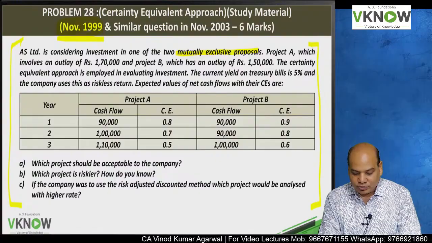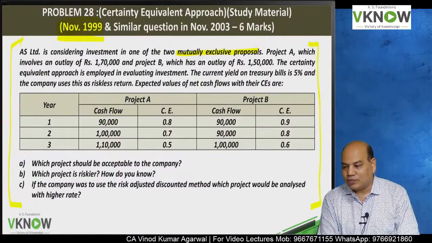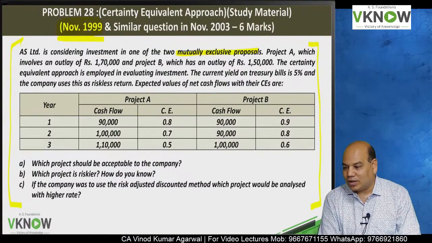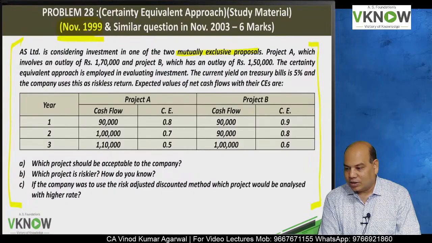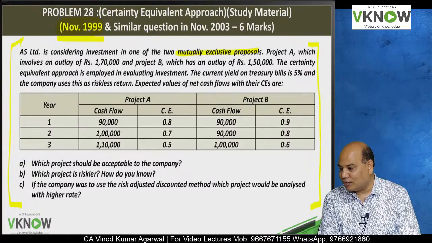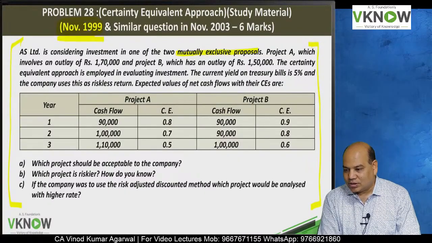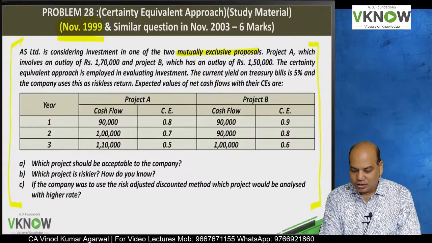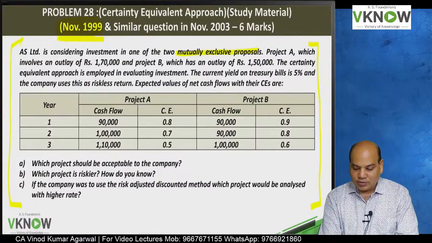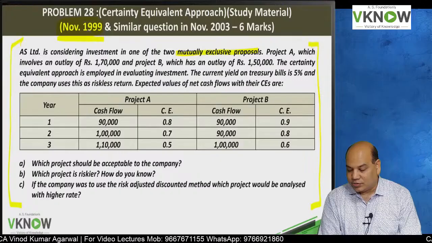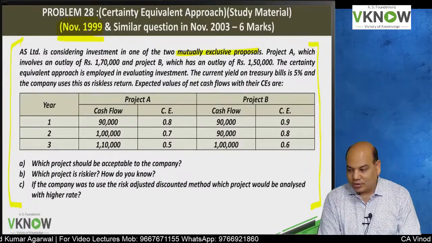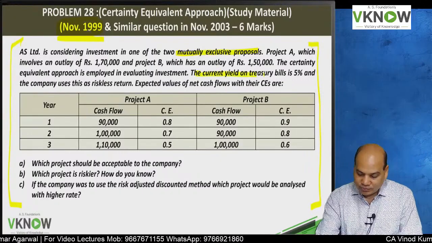Project A, which involves an outlay of rupees 1,70,000, and Project B, which has an outlay of 1,50,000. The certainty equivalent approach is employed in evaluating the investment. The current yield on the treasury bill is 5%, and the company uses this as a riskless return.